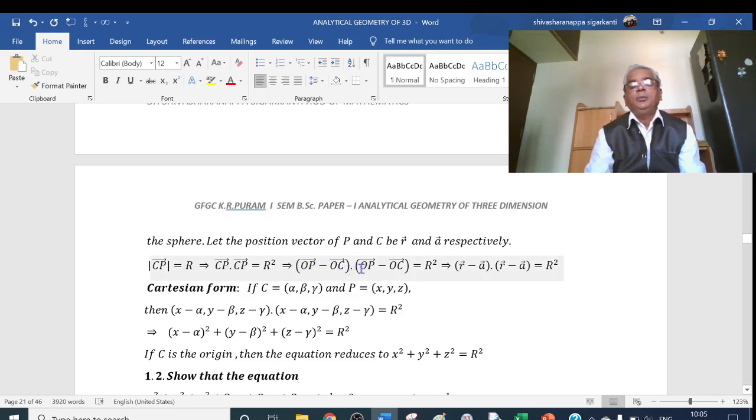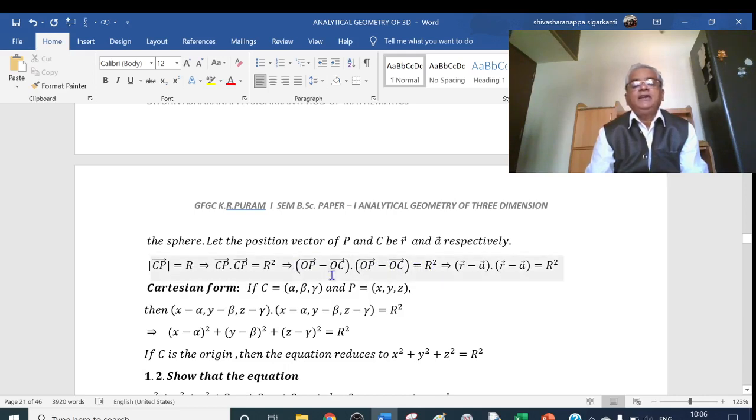OP is the position vector of the point P whose coordinates are x, y, z, and OC is the position vector of the point C whose coordinates are alpha, beta, gamma. So OP minus OC is (x minus alpha, y minus beta, z minus gamma), and the dot product with itself is equal to r square.